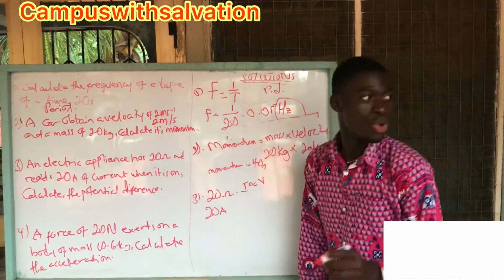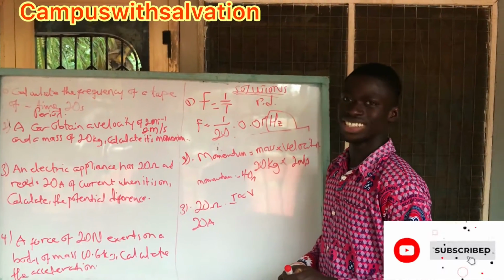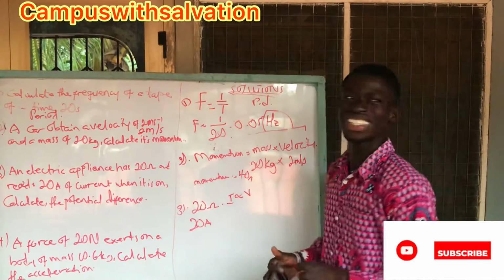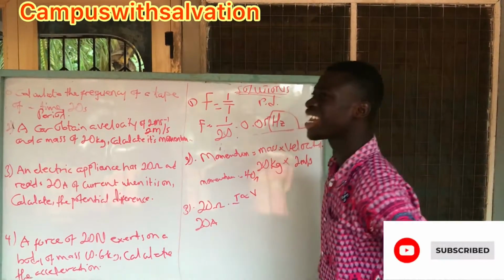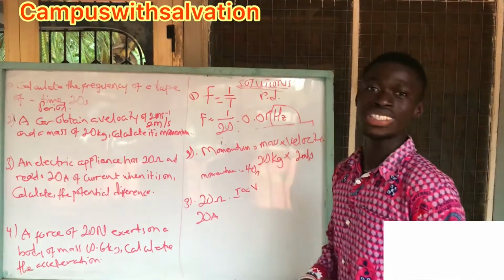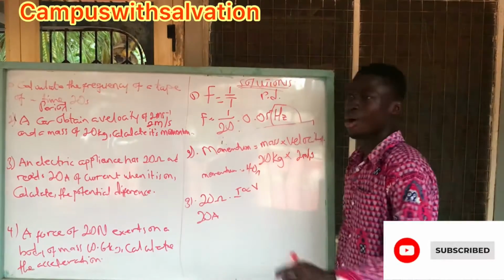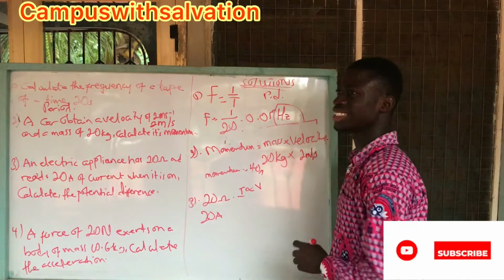So listen, in variation, when you want to ignore the proportional to sign and introduce an equal to sign, you need to introduce a constant. Here our constant will not be K, but rather R, that's the resistance.